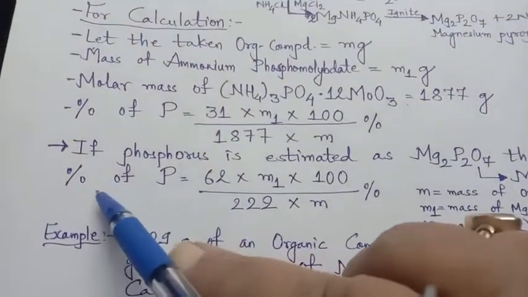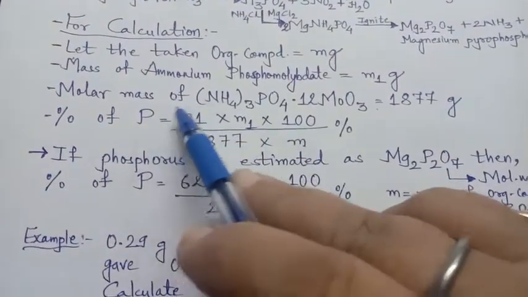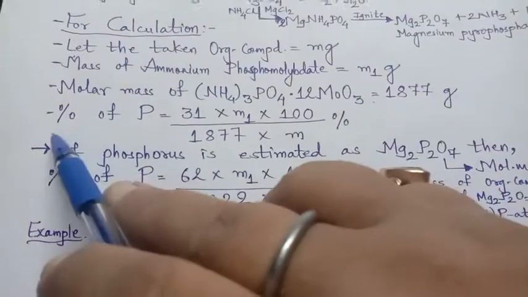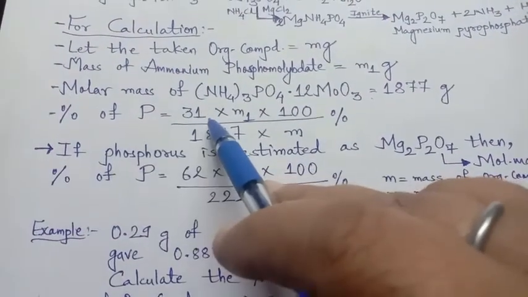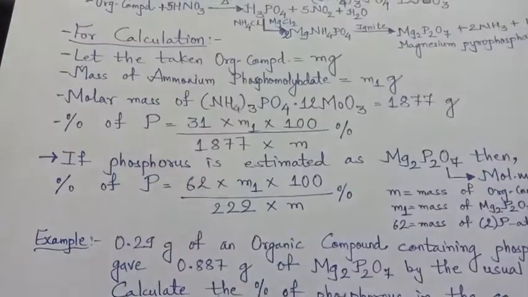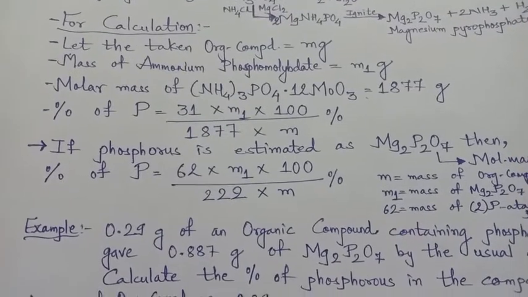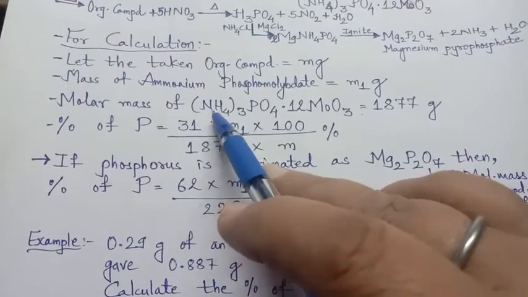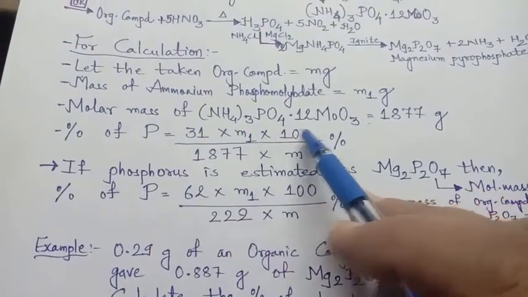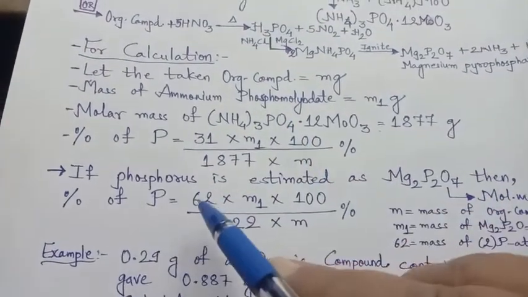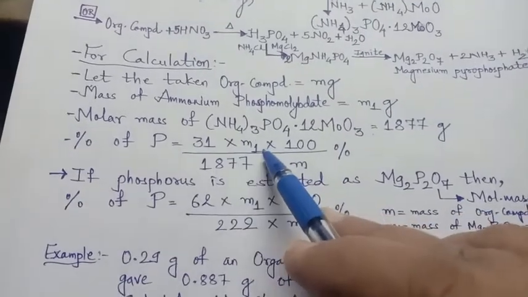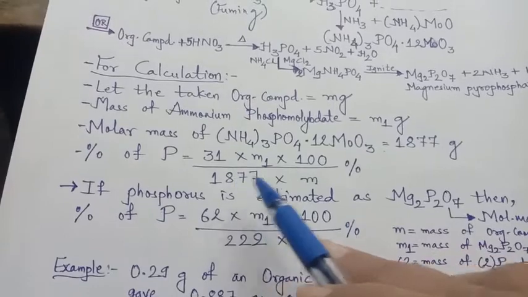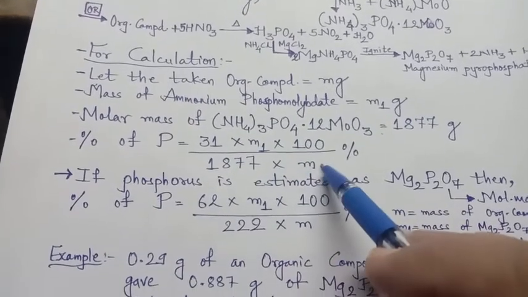And if we are supposed to calculate the percentage of phosphorus, the molar mass is 1877 gram, and 31 is the atomic mass of phosphorus, multiplied by 1 only, because in the whole ammonium phosphomolybdate we have only one phosphorus. So 31 into m1 into 100 upon 1877 multiplied by m.